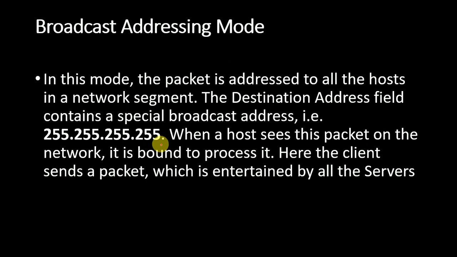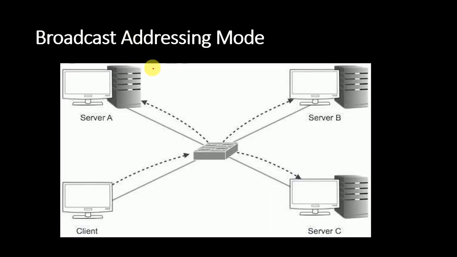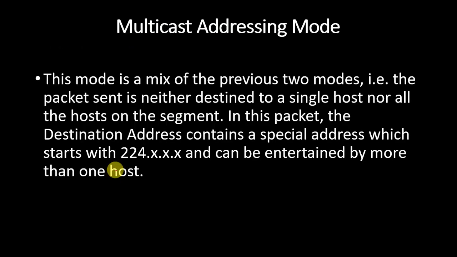When a host sees this packet on the network, it is bound to process it, and here the client sends packets which are received by all the servers. This is the diagram for the broadcast addressing mode. Here we can consider servers A, B and C and the client.